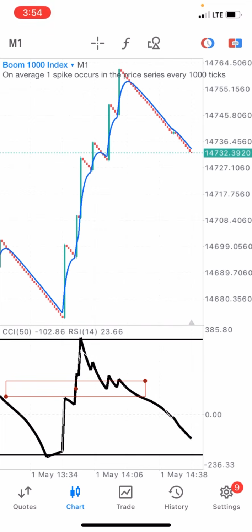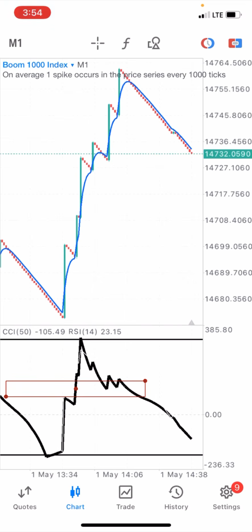Now if you know a little about trading, you would know that for you to buy, you would have to be looking at buying when the market is in an uptrend. And for you to sell successfully, you need to be looking out for selling opportunities when the market is in a downtrend.